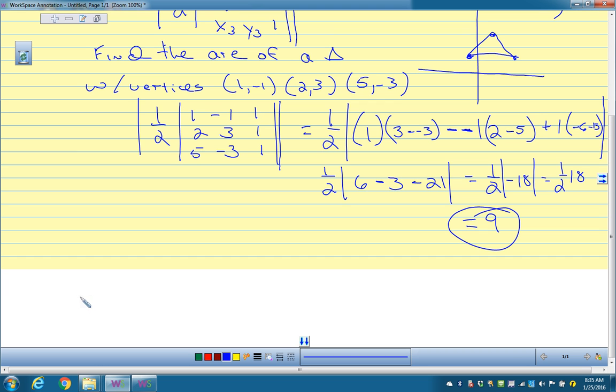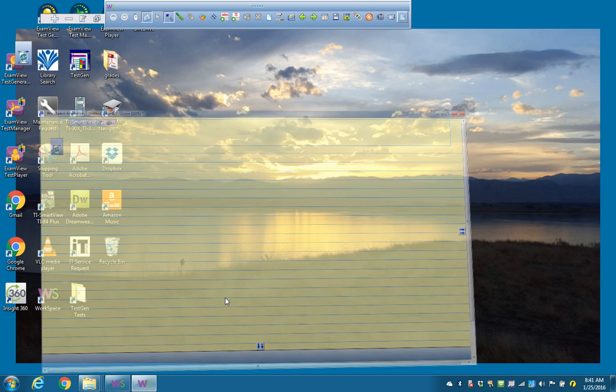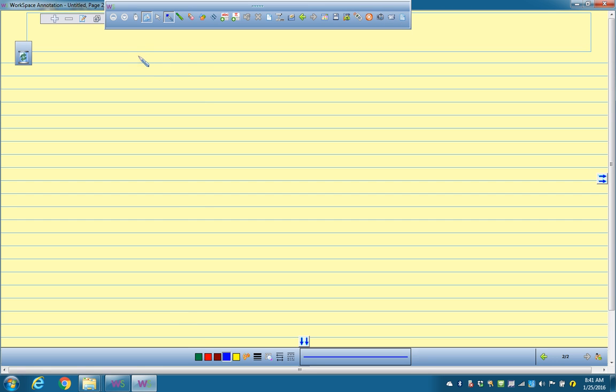So a corollary to that, corollary meaning something that follows from that, is about collinear points.